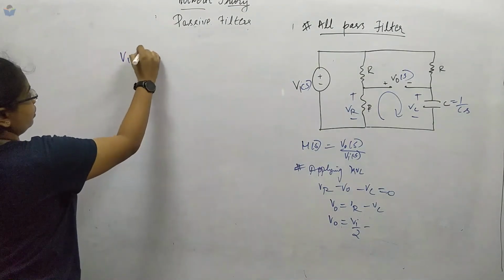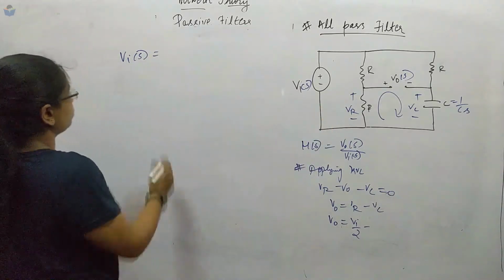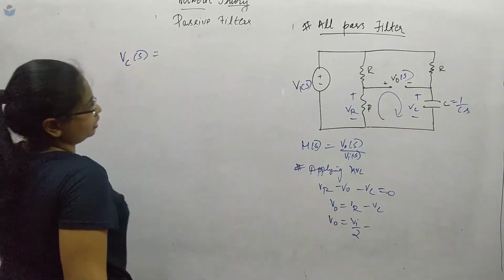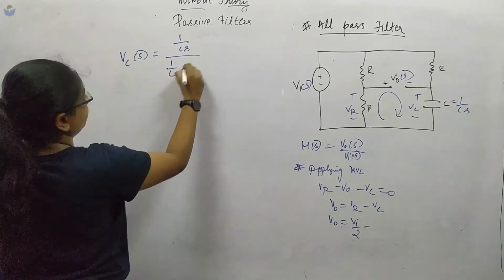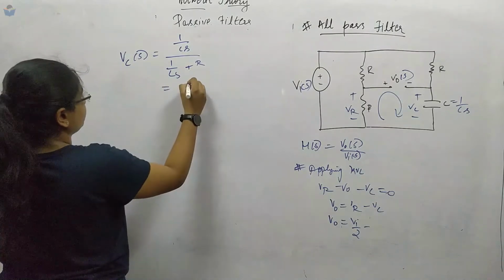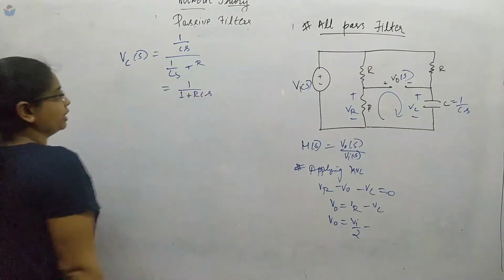Vi of S will be equal to, I want across VC, so VC of S is 1 by Cs divided by 1 by Cs plus R. Okay, so Cs gets cancelled, you will be left with 1 plus RCs.